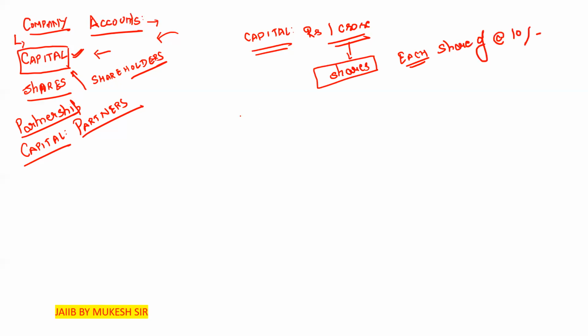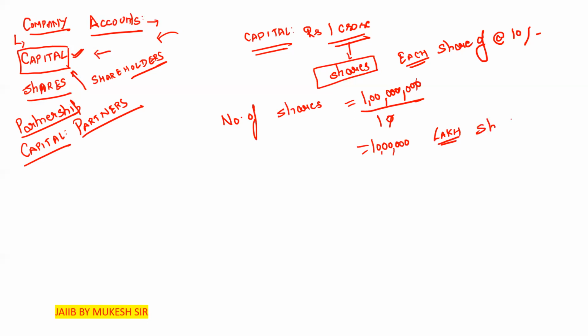So how many total shares? 1 crore has 7 zeros. Divide by 10, and here we have 10 lakh shares of a particular company.